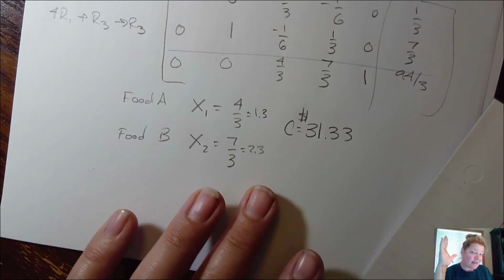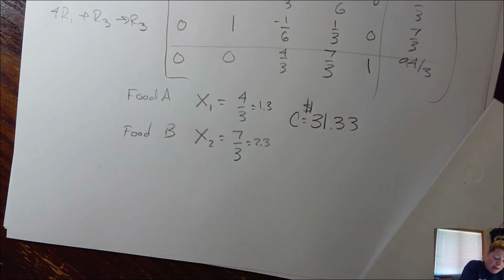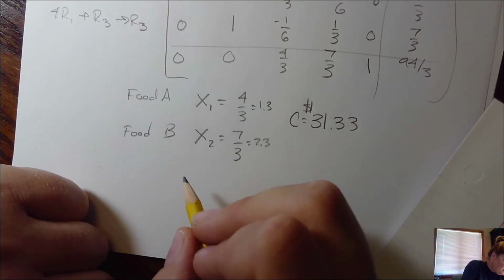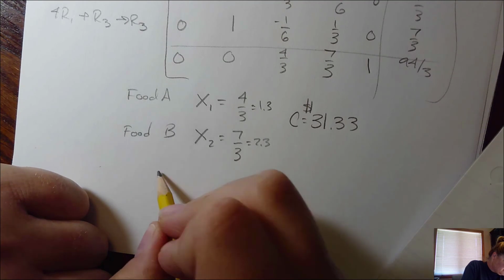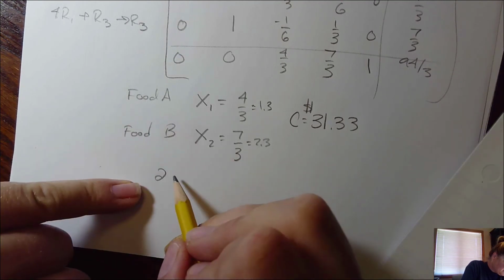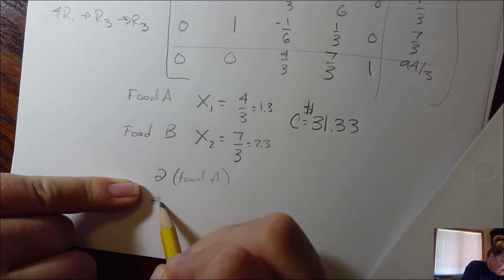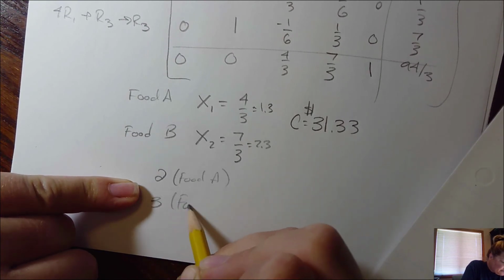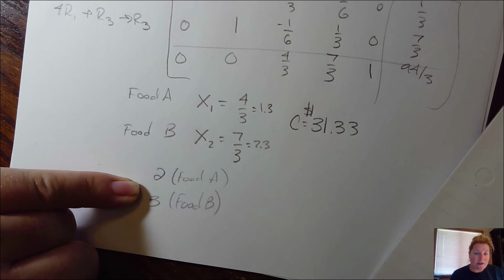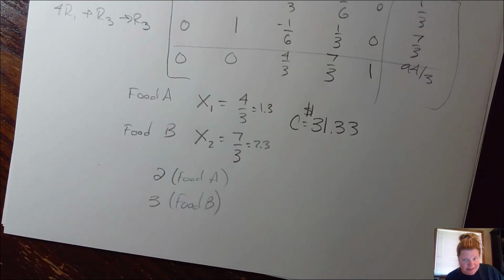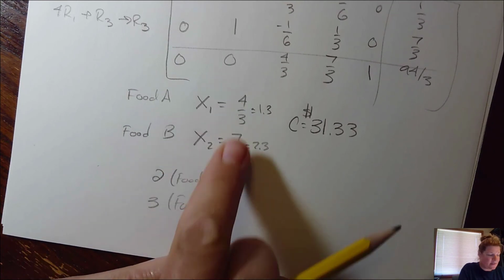And that makes our cost a little bit different. So if I buy 2 food A's and I buy 3 food B, going back to the original, the cost won't be $31 because I have to buy 2 and 3. I can't buy 4/3 and 7/3.